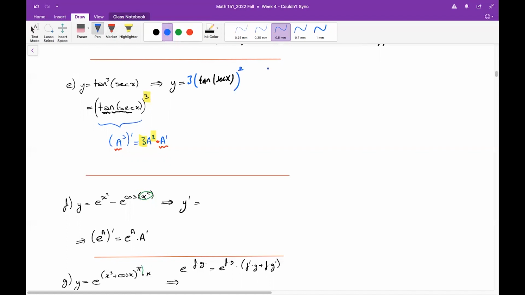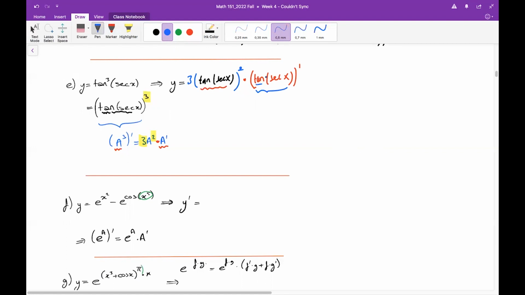The derivative of the power function is like that. Now I will multiply this with the derivative of this insider function, right? So what is that? Let me first write it like this. Now I need to multiply with the derivative of this thing. Okay, you will apply another chain rule here. So what is this? Derivative of tangent.